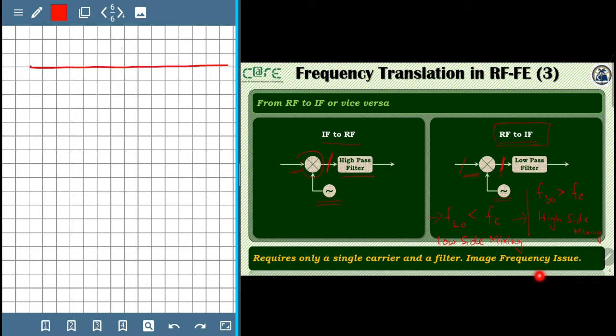Here again we draw the spectrum of the signal located at plus FC, and then we have minus FC here, and the spectrum looks like this.